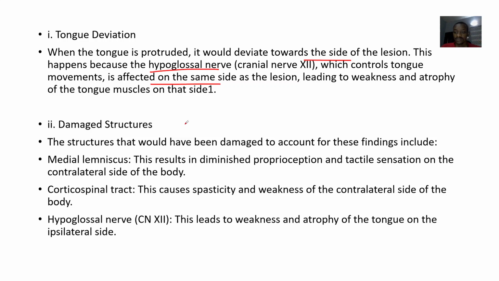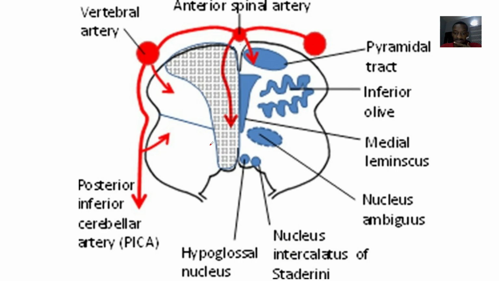Okay, then what damaged structures would actually account for this medial medullary syndrome? So we said that the structures that would have been damaged to account for the findings in medial medullary syndrome include what? We have the medial lemniscus. All right, medial lemniscus.